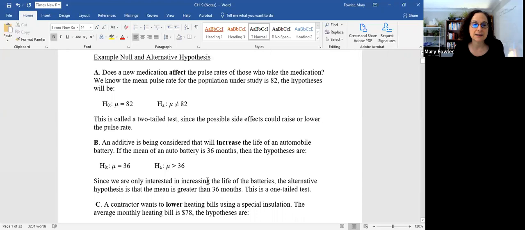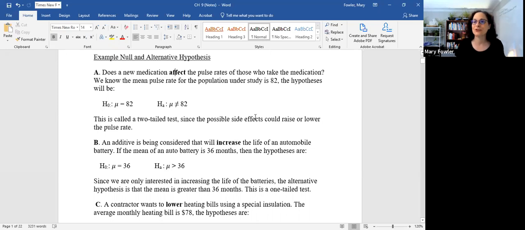Then we look at the second example here. An additive is being considered that will increase the life of the automobile battery. If the mean life of an automobile battery is 36 months, then the hypotheses are that mu equals 36 as a null hypothesis, right? Because that's the status quo. And the alternative that we're interested in has to be identified, finding the keyword first.